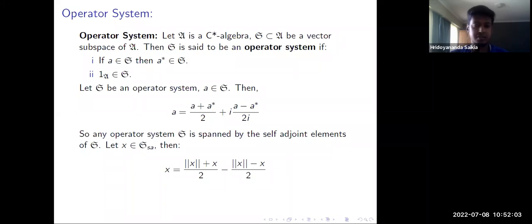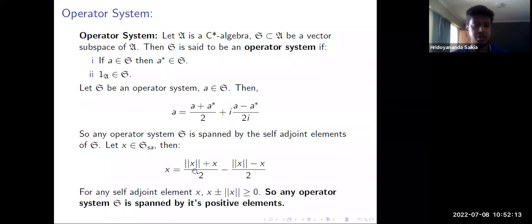This is a good thing. Here you have to note that whenever you are given a self-adjoint element X, then norm of X plus or minus X is always greater than or equal to 0. That means it is always positive.